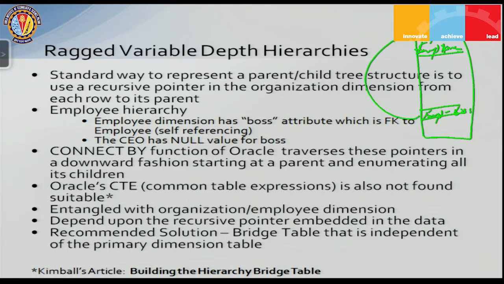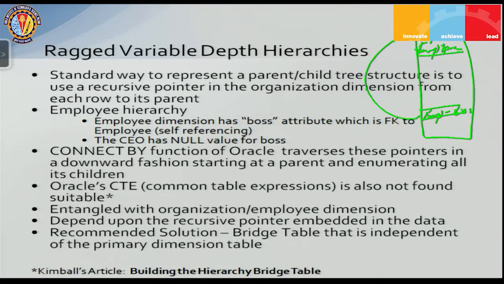So for each employee, through this foreign key, I would tell who is the boss of this person, right? So it only tells me about the immediate boss. Now once I go to the boss, again I'll have to recursively use the pointer to see who is the boss of this person and who is the boss of this person.